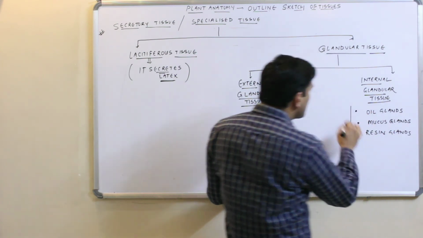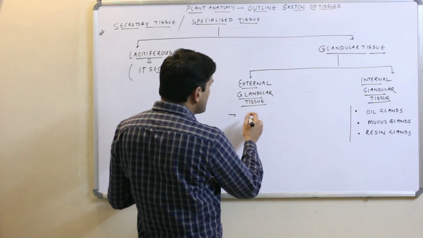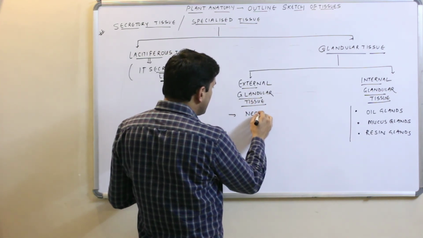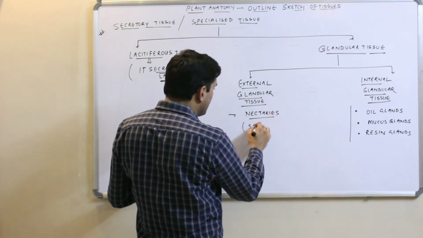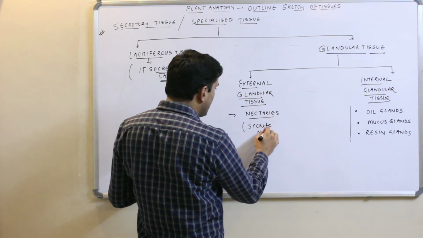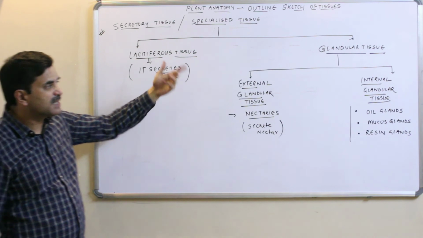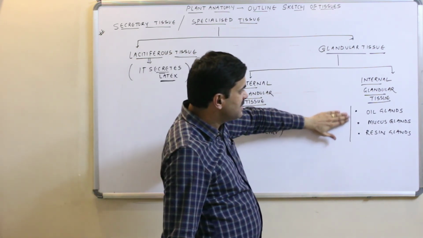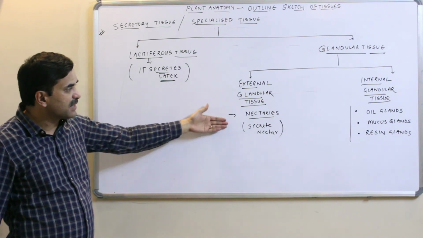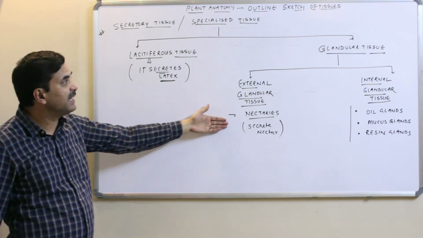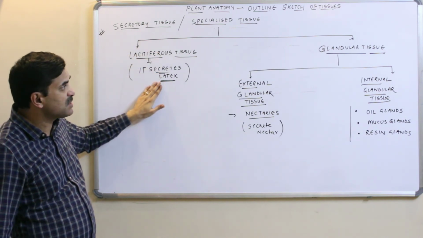An example of external glandular tissue is the nectaries, which secrete nectar. So oil glands, mucus glands, resin glands are the internal glandular tissue, and external glandular tissues are the nectaries and others which secrete nectar. So these are the secretory tissue or the specialized tissue.